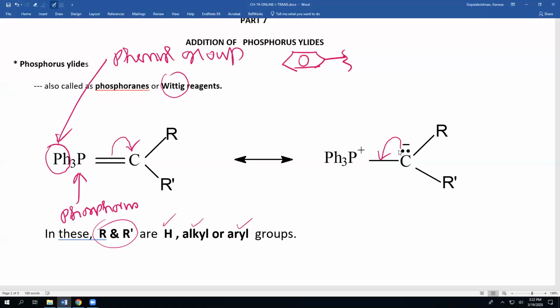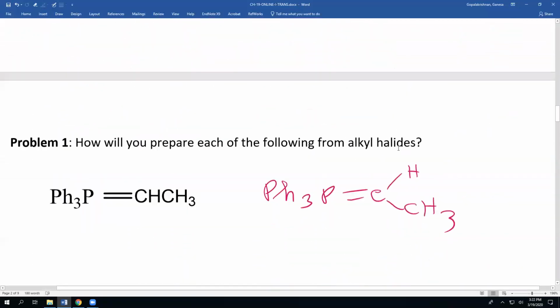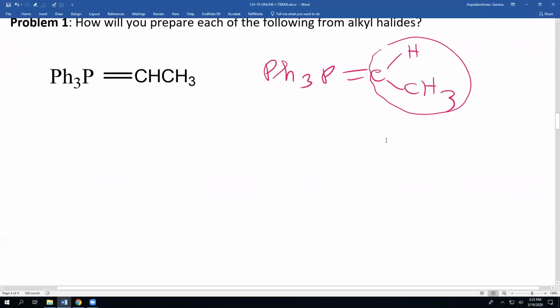There are 3 of them bonded to the phosphorus. So this is this one. So this contains actually a hydrogen and a methyl group on the carbon. So I had to select an alkyl halide, which contains that hydrogen and the methyl group on its alpha carbon.